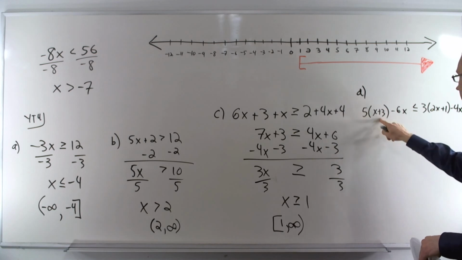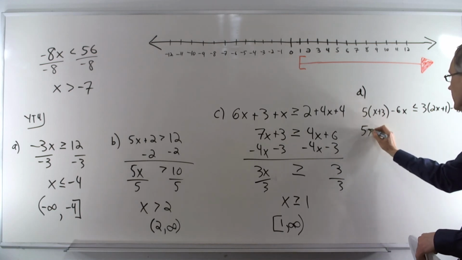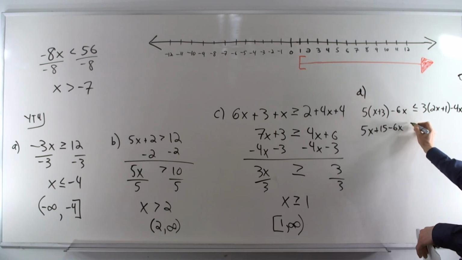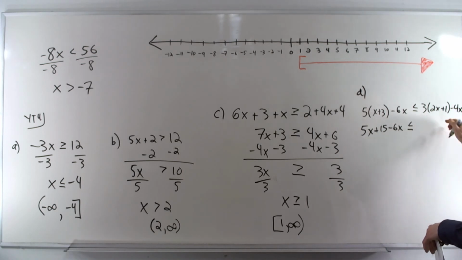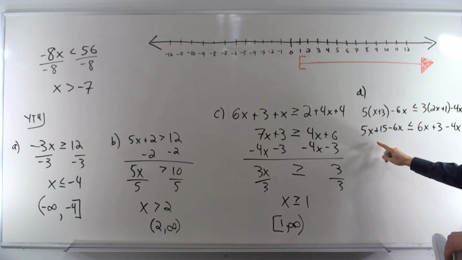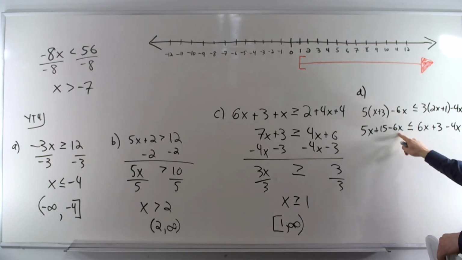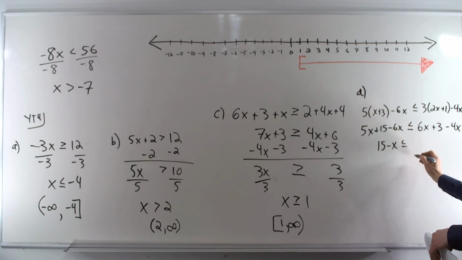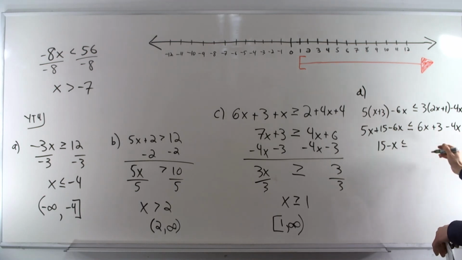So distributing the 5 into here, we got 5x plus 15 minus 6x is less than or equal to, and we'll distribute here, 6x plus 3 minus 4x. Now we can simplify each side. 5x minus 6x is negative x, so we get 15 minus x on the left, and on the right, 6x minus 4x is 2x, so 2x plus 3.